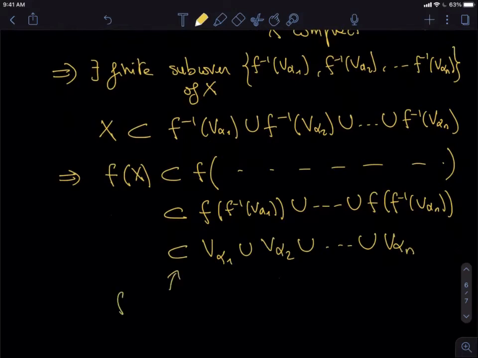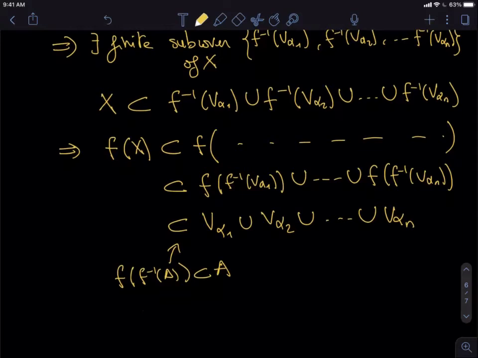Here we used that f of f minus 1 of A is contained in A. This is true for every set, and it is an equality if the function is surjective. This is what we wanted to prove, because this shows that from the original cover V alpha of the set f of X, we can extract a finite subcover V alpha 1, V alpha 2, V alpha n, such that f of X is contained in the union of those. That's the definition of subcover. So this completes the proof.